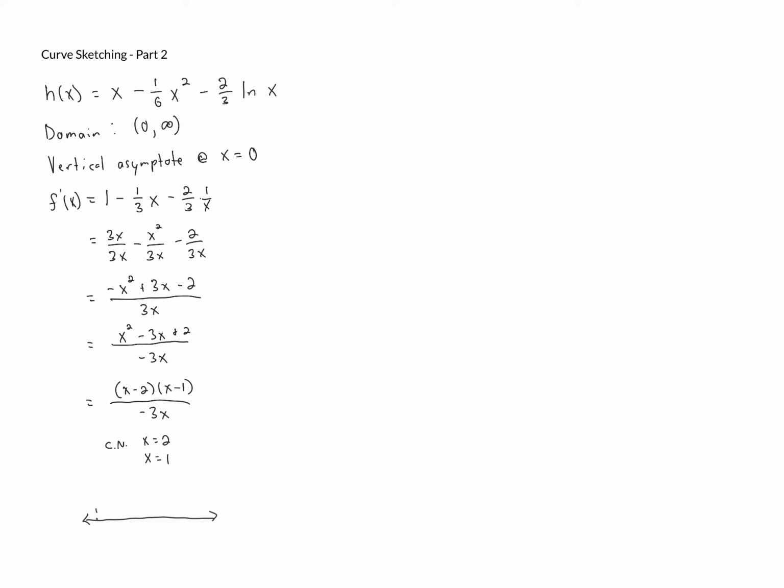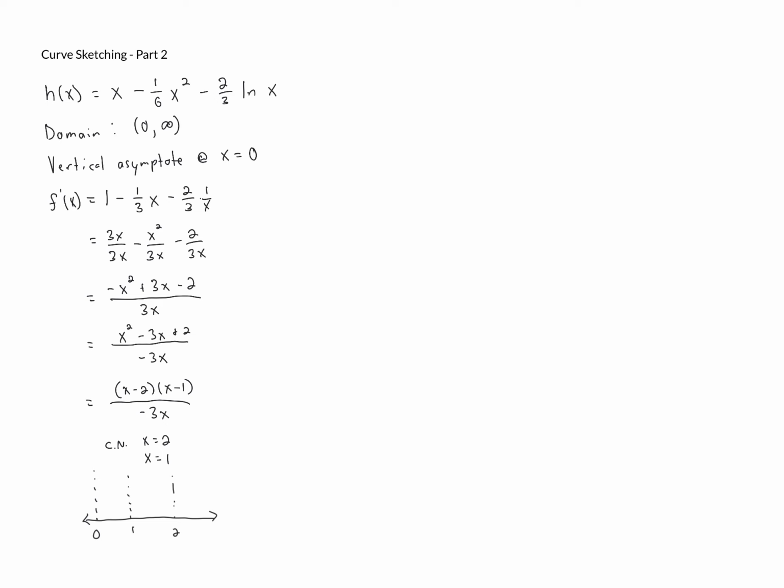We can make a sign chart to see where our derivative is going to be positive and negative, where our function is going to be increasing and decreasing. Remember, our domain starts at 0, and then the critical numbers are 1 and 2. If we look at that derivative, our factors are x minus 2, x minus 1, and -3x. -3x is always going to be negative when x is greater than 0.